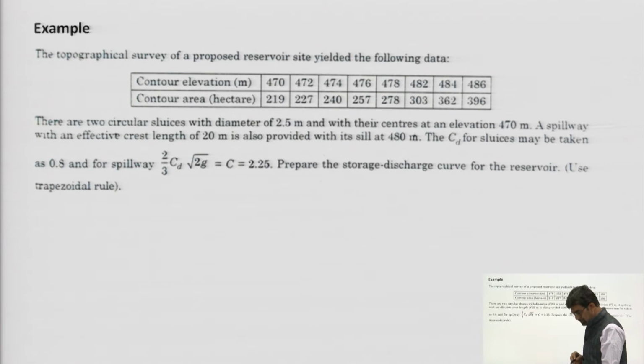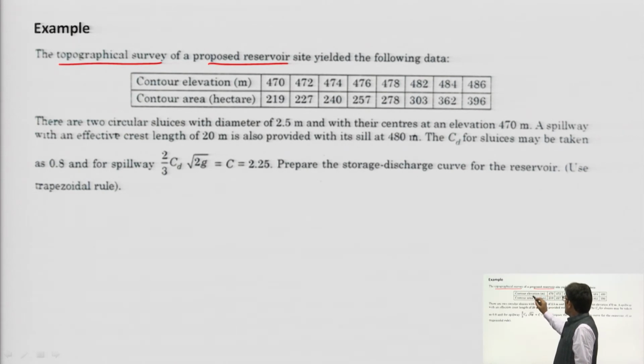Let us take one example to clarify the things. In this example we have a topographical survey of a proposed reservoir site that yielded the following data. The contour elevation in meter and contour area in hectare is given to us.